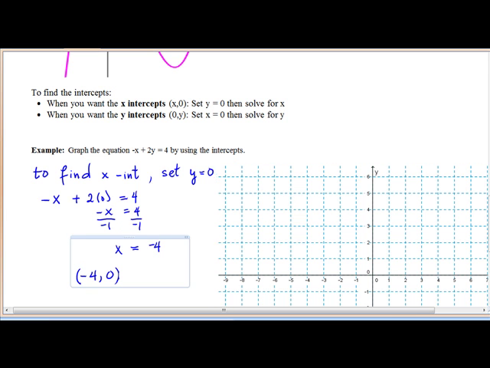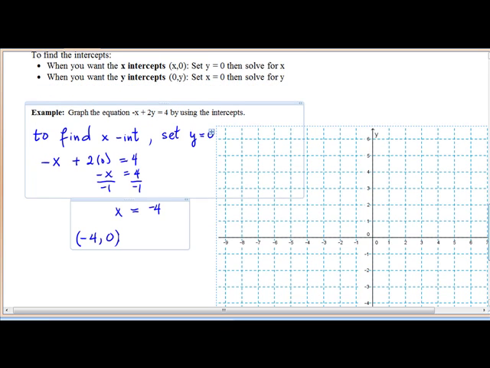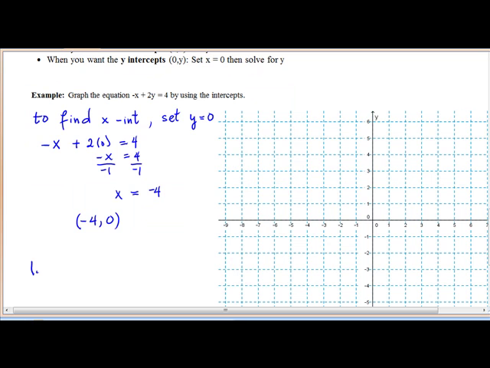Now to find the y-intercept, we set x equal to 0.